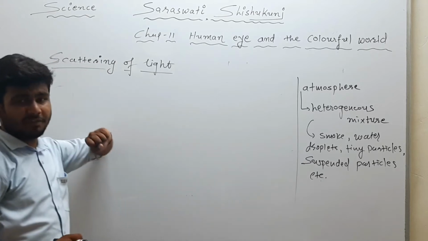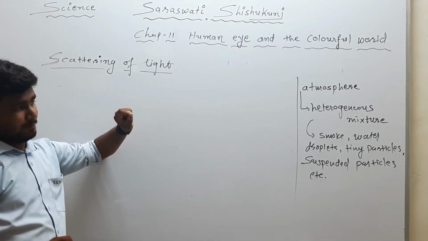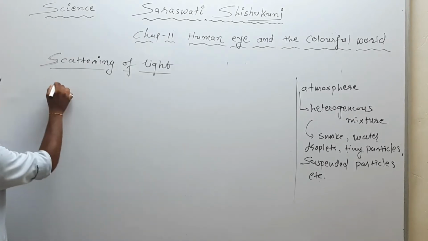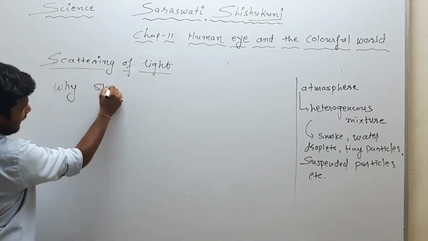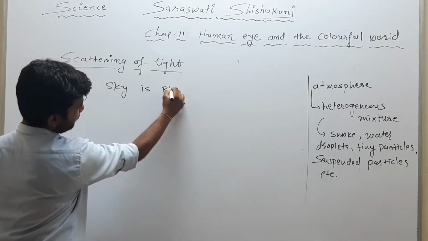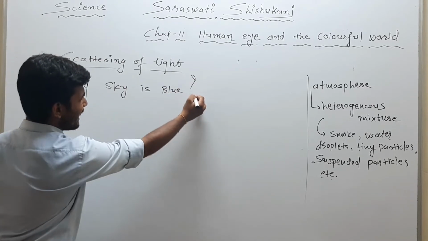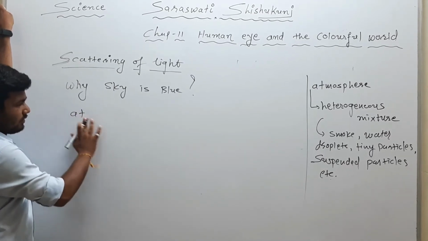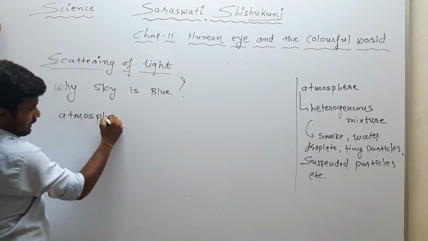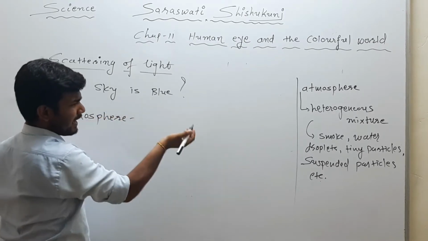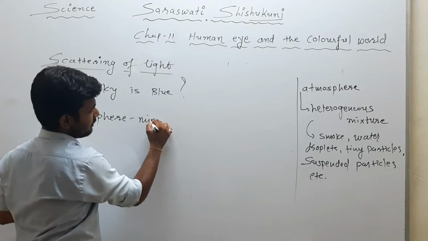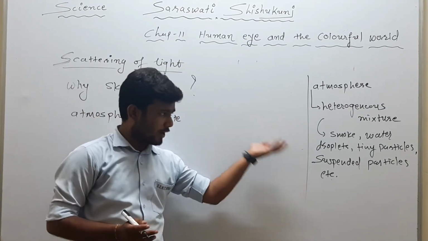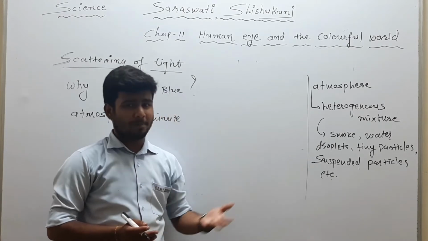As we have seen in Tyndall effect, the path of light becomes visible. Now, due to our atmosphere, some phenomena happen, like why the sky is blue. So why is the sky blue? We know that in our atmosphere there are many minute particles, and it's a heterogeneous mixture of smoke, water droplets, tiny particles, suspended particles and all.